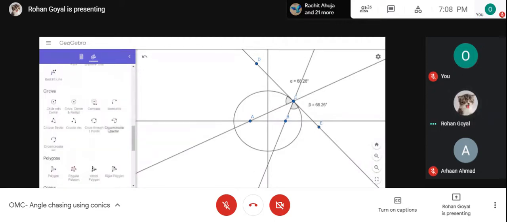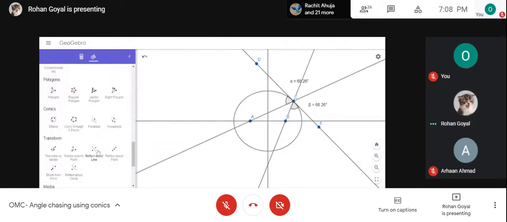Exactly. If you reflect B across CE, then as C moves along the line, the distance AC plus CB is AC plus CB dash, and that is minimized at AB dash.